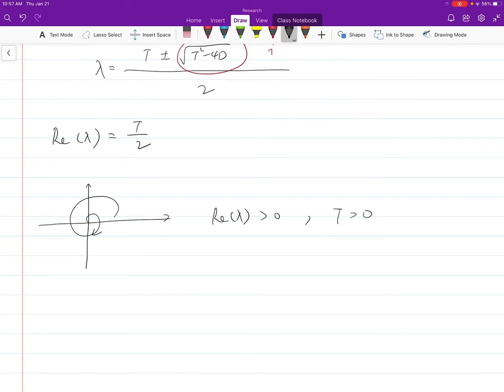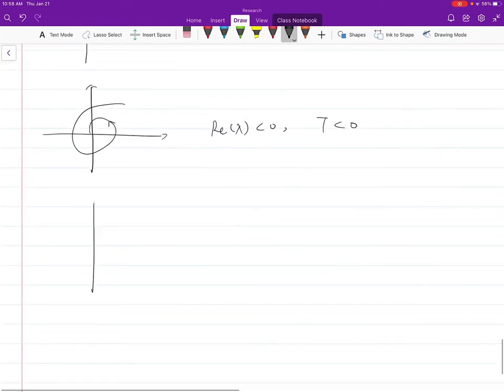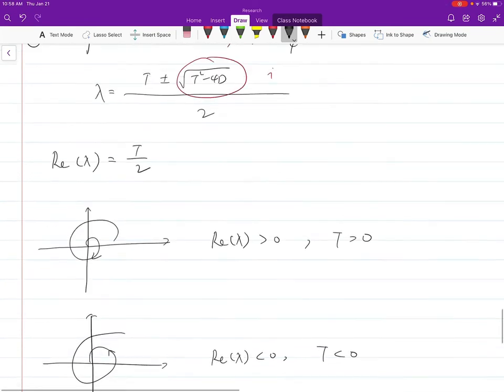Then you just require t to be bigger than 0 because t over 2 is your real lambda. This one requires real lambda less than 0. This requires t less than 0. And finally, to have this, you need to require t equals 0. Okay, so it's settled.